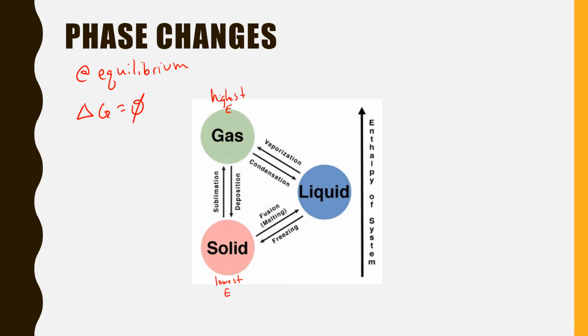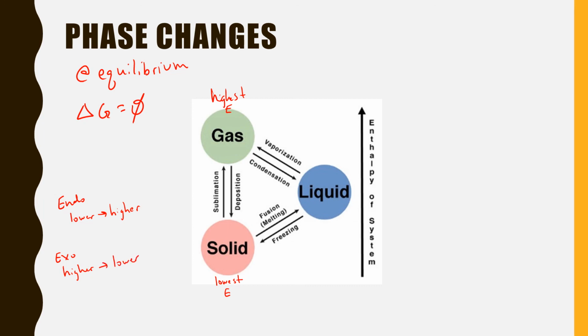If I go from a low energy state to a higher energy state, then that means I have to put in energy to get there. So that would be endothermic. So endo is a lower to a higher energy state. Exothermic would be a higher to a lower energy state.